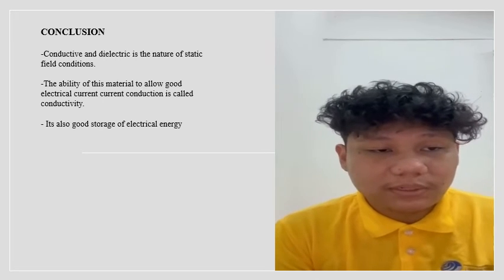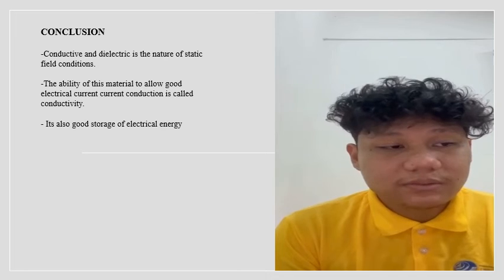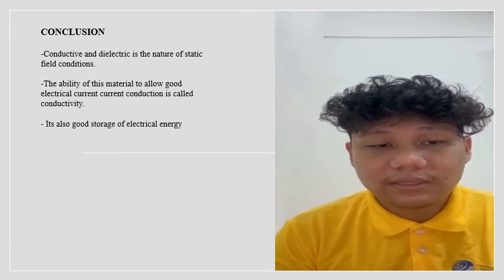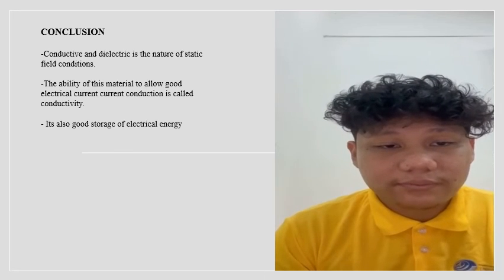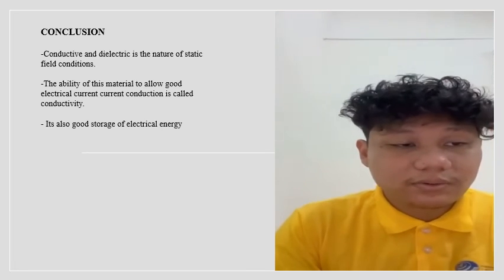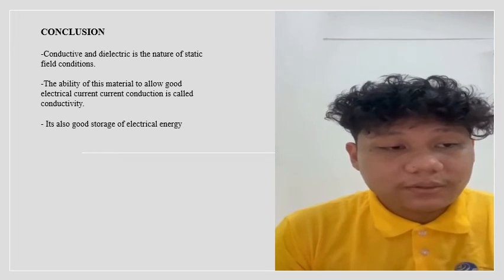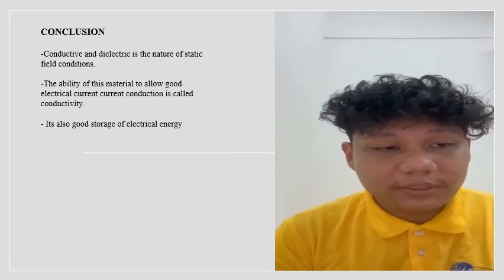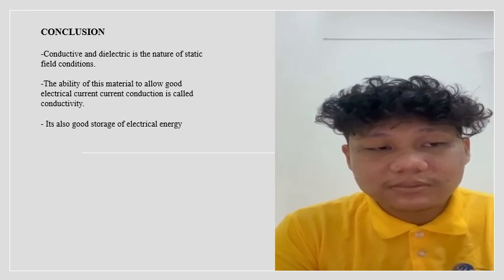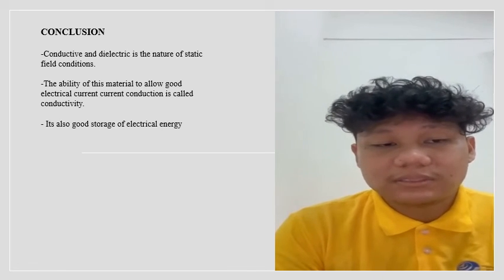Known as polarization. The ability of this material to allow good electrical current conduction is called conductivity. This type of material is also quantified by a constant known as permittivity. The permittivity of a material that allows a dielectric to be compared with free space is known as relative permittivity, or the dielectric constant.